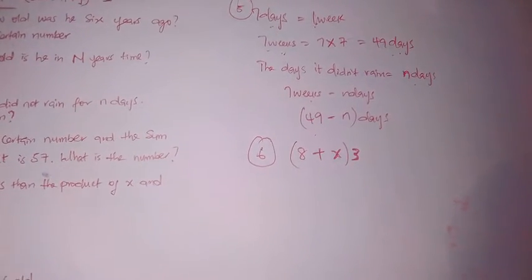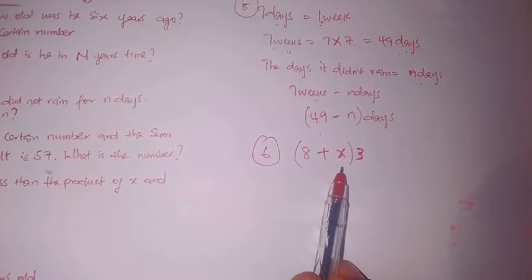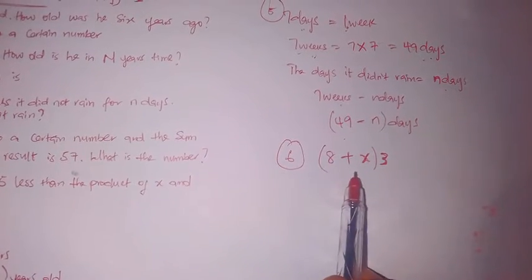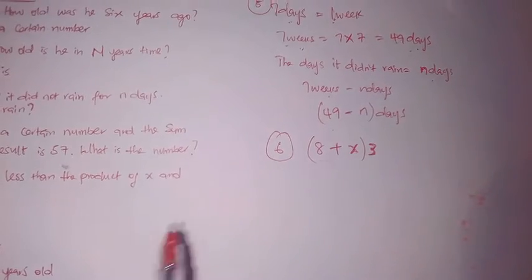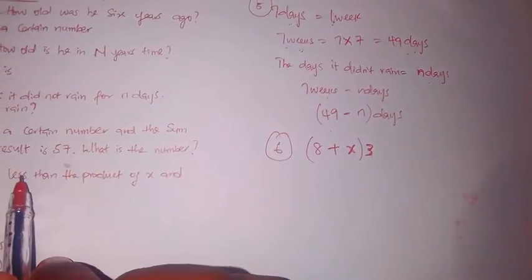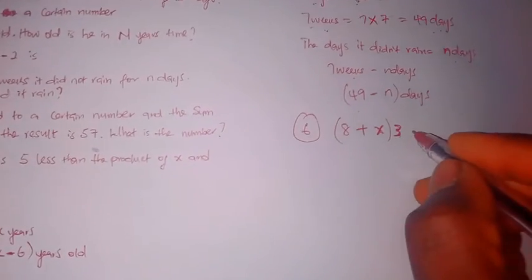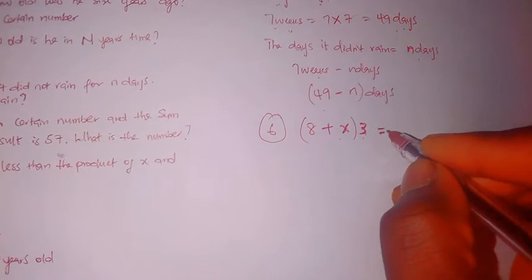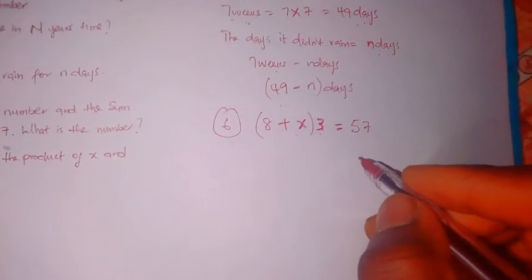When it is added to a certain number, first you have to state the certain number. Let the certain number be x. So 8 plus x is the sum, and the sum is multiplied by 3, which is this expression. The result is 57. What is the number? The result means after multiplying the sum by 3, I'm going to have 57 as my answer.